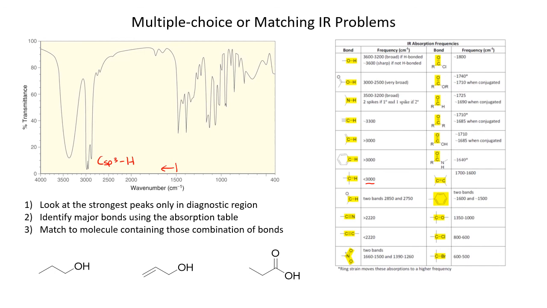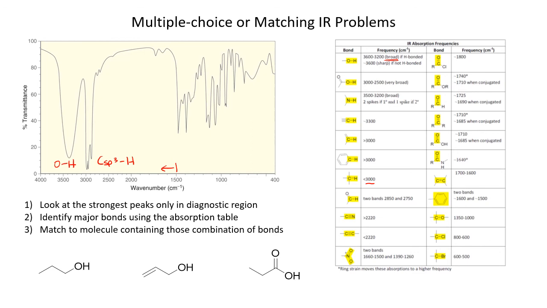Then we've got a strong broad peak at around 3400-ish. Now we know that OHs are broad, they are strong, and they also fall in that range. So this can represent an OH.